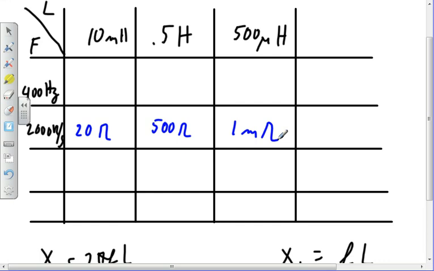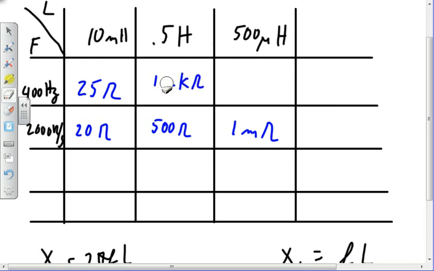Okay, now we're going to do the top one. 2 times pi times 400 times 0.00, not 0.00, 0.01. Boom. 25 ohms. 400 times pi times 2 times 0.5. We'll call it 1.2K. 1.2K.